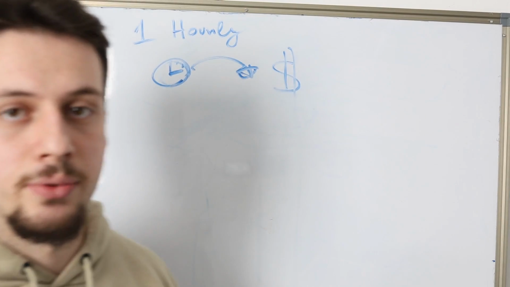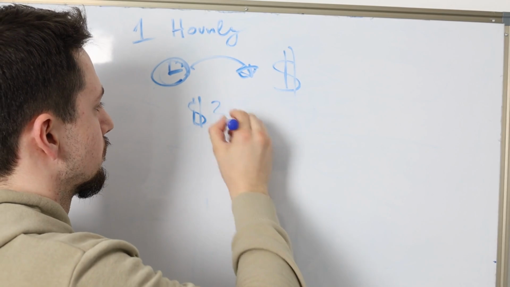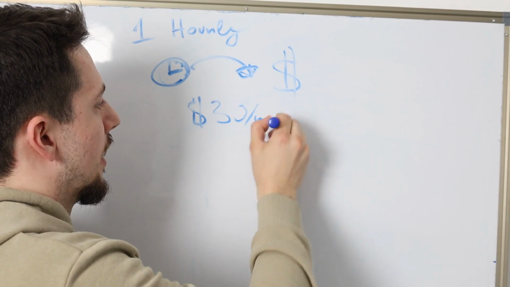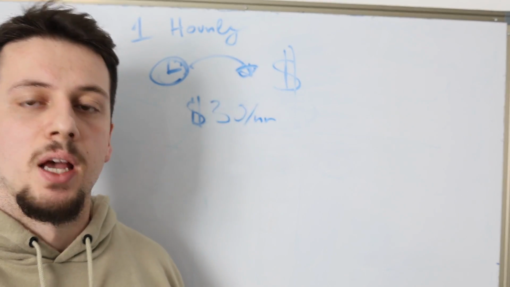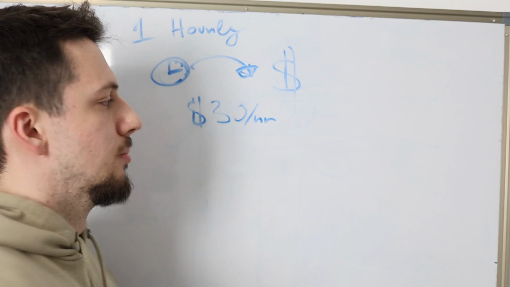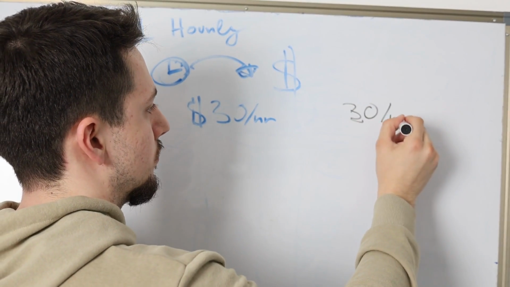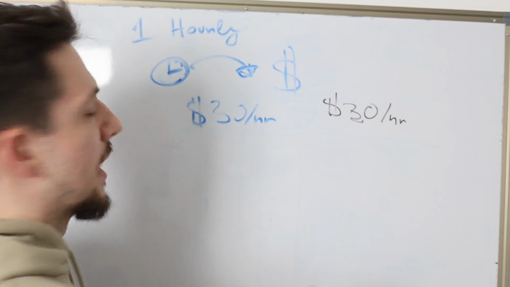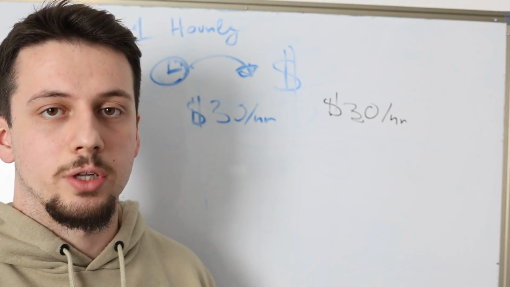Let's say you're an intermediate 3D artist and you charge $30 per hour, right? And let's say there's another artist that charges $30 per hour, but he's a little bit worse than you. So this is the other 3D artist, right? And you get a similar project, pretty much the same kind of workload.